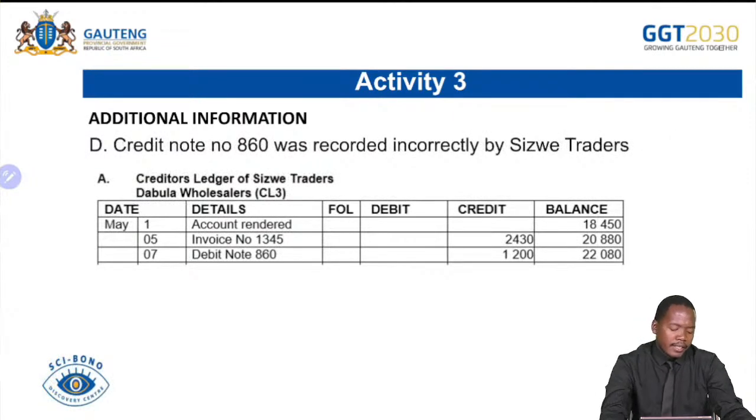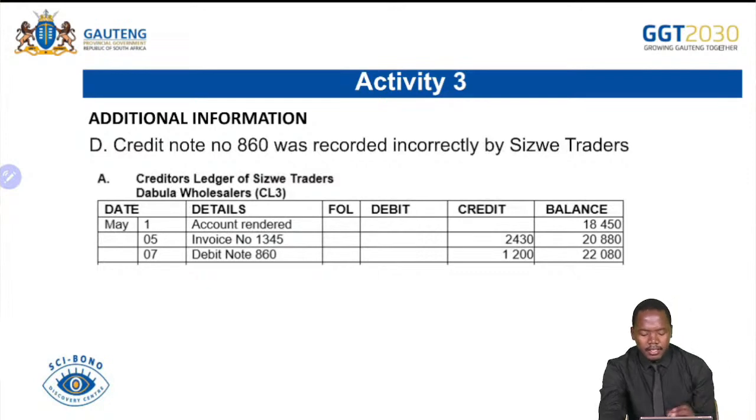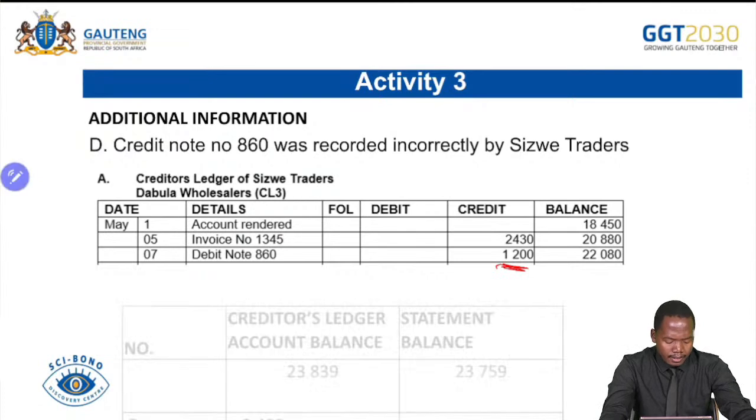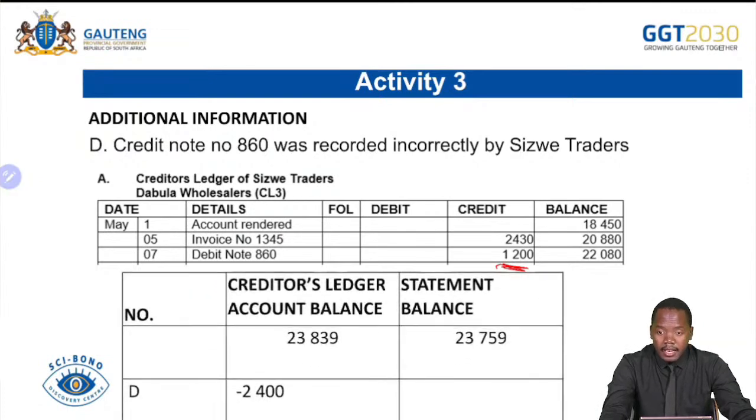Now, we're moving on. Credit note number 860 was recorded incorrectly by Sizwe Traders. There is 1,200. Let's look at the answer, how we're supposed to do it. Because we recorded incorrectly, it becomes our problem now.